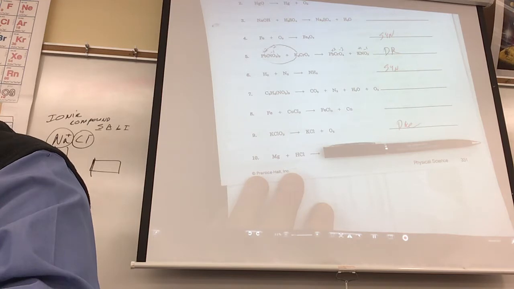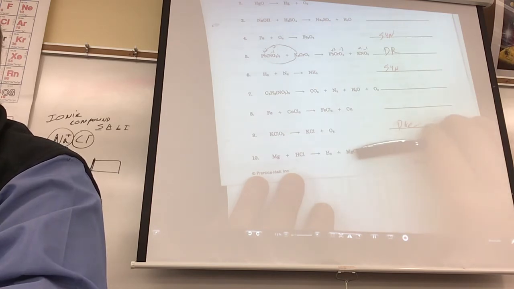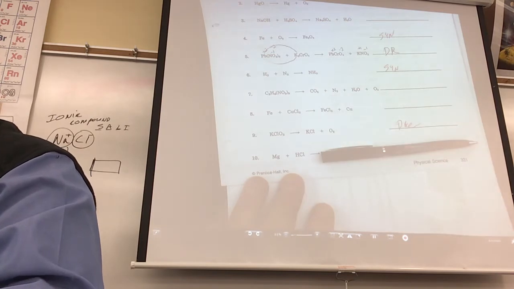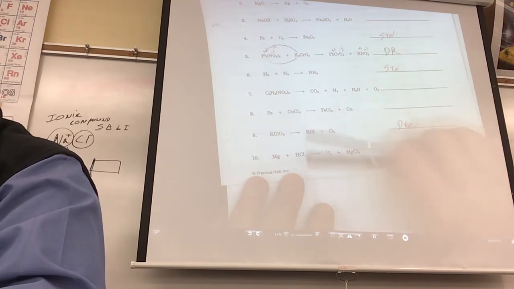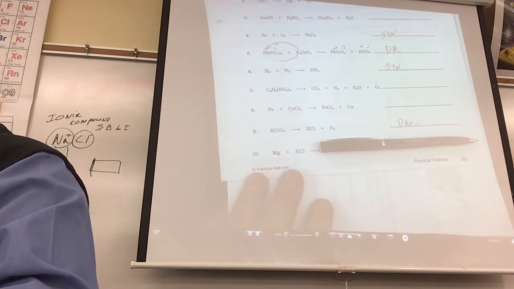What's that called? Say it. Synthesis, it could be, but I'll tell you right now, 2 different things are going to form, okay? So it's not synthesis. What if I tell you that it's single replacement, okay? I'm going to put my pen here so you can't see, so don't look at your paper, okay? Look up here. Who's going to kick out who?